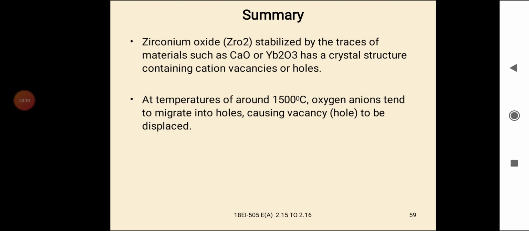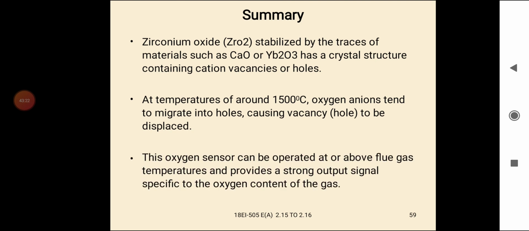At temperatures around 1500 degrees centigrade, oxygen anions tend to migrate into holes, causing a vacancy hole to be displaced. The oxygen sensor can be operated at or above flue gas temperature and provides a strong output signal specific to the oxygen content of the gas.